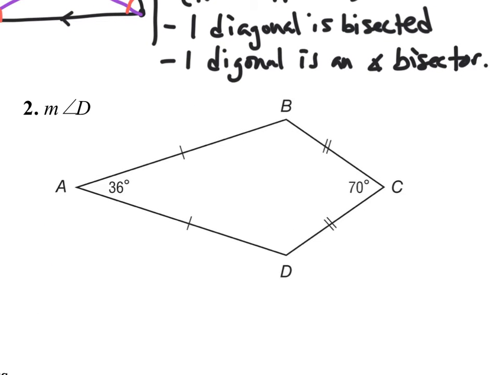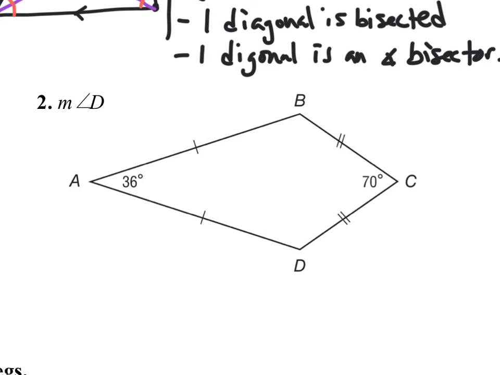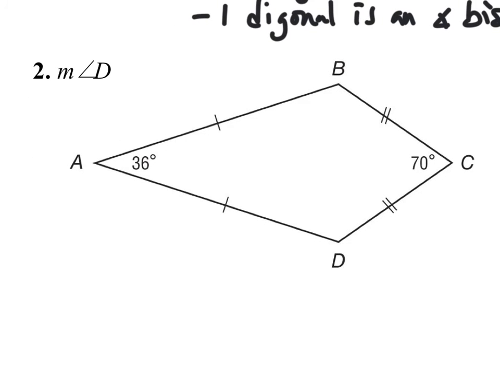It wants me to find what angle D is. Now, because this is a kite, I know that angle D and angle B are congruent. So I can just call each of those x. You can do this a number of ways. But I know that the sum of all these angles is going to add up to 360, because I have 4 angles.